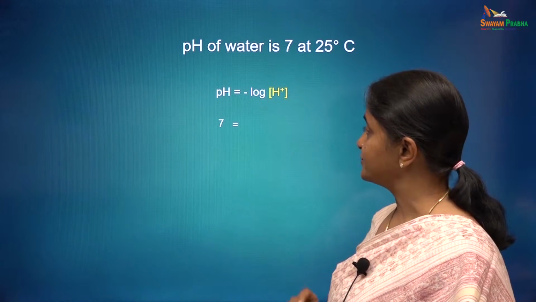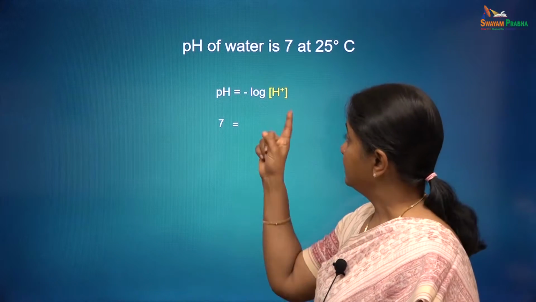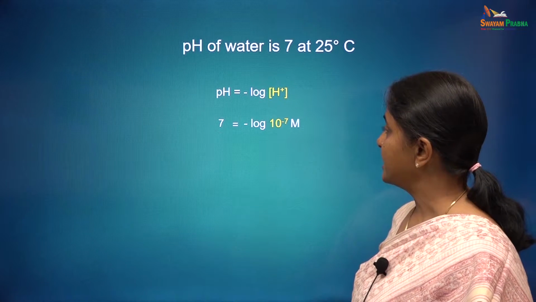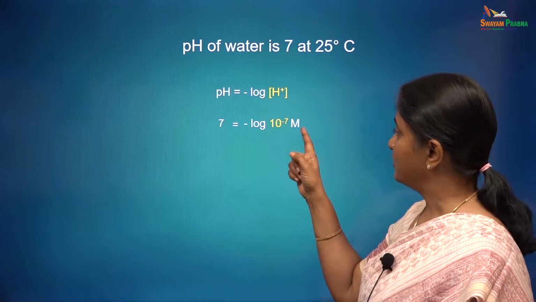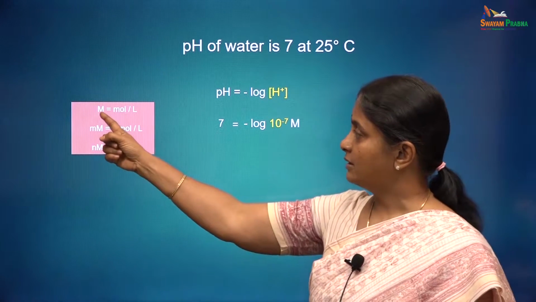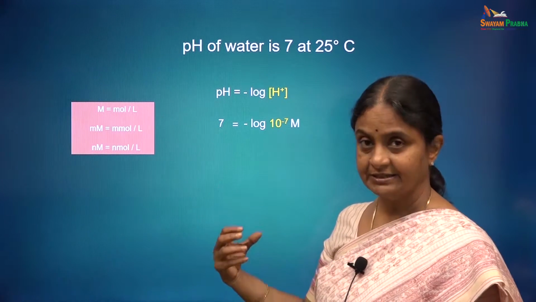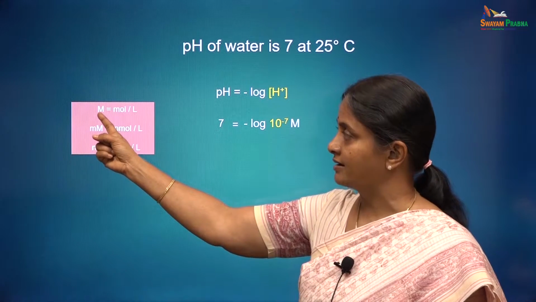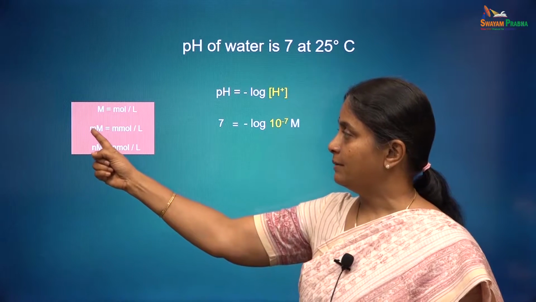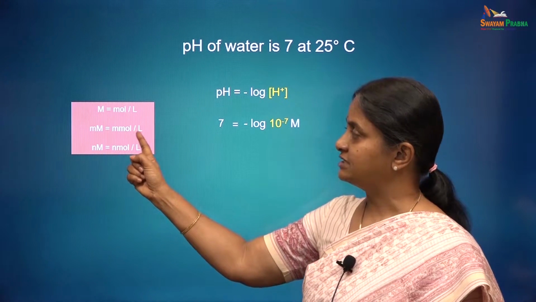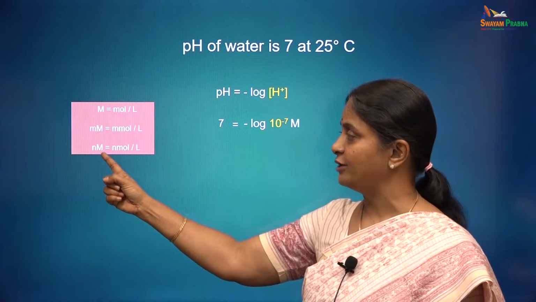To get a pH of 7 for water, the free hydrogen ion concentration has to be 10 to the minus 7 molar. Now, when I say capital M, what is meant is moles per liter. It is referred to as molar, and the term means moles per liter. Millimolar means millimoles per liter. This is nanomolar.